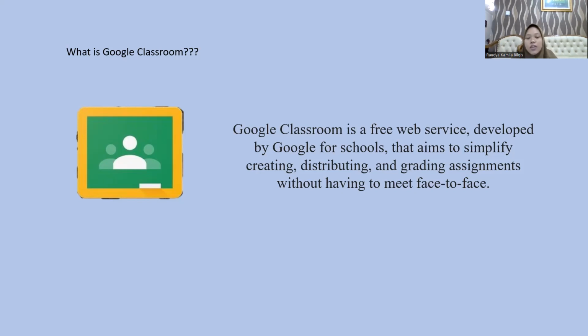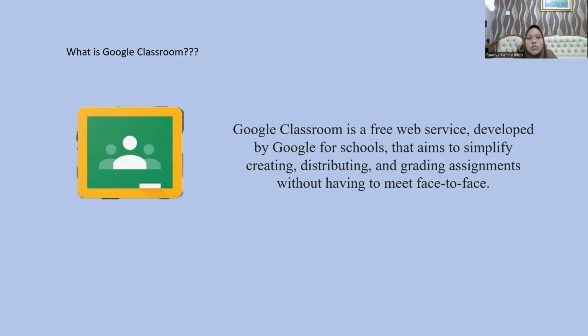Third, there are two options: you can join a class or create a class. You can select create class for your students. Fourth, there are two choices of roles: teacher or student.